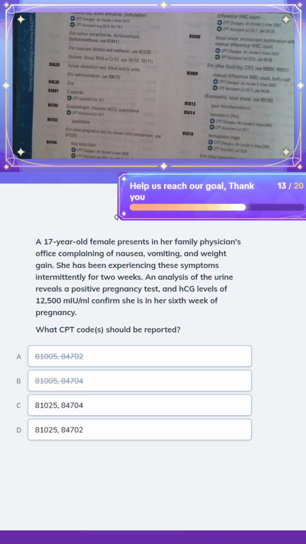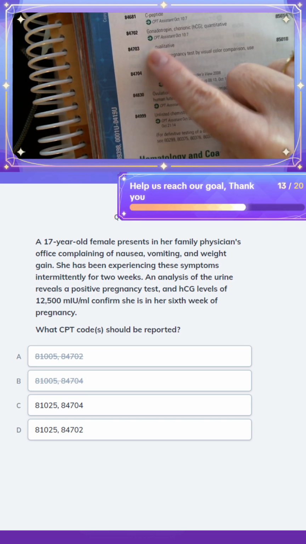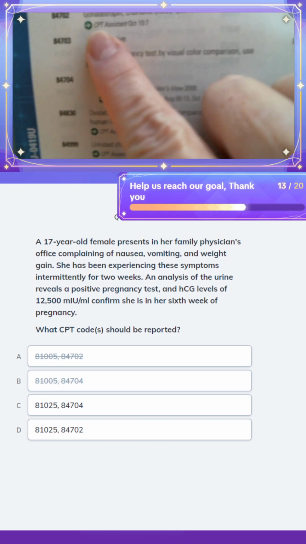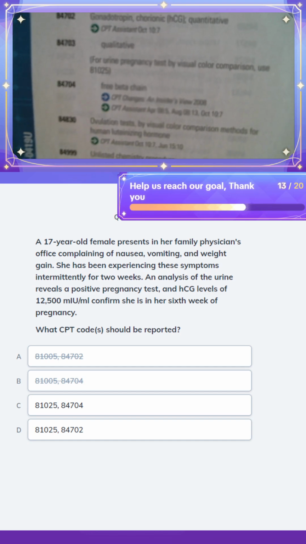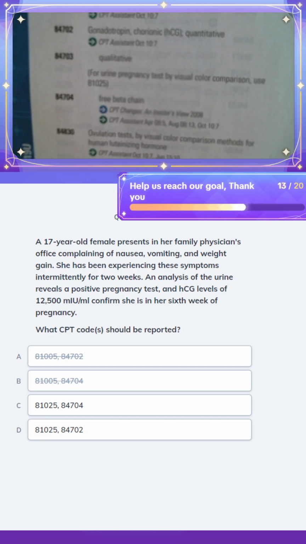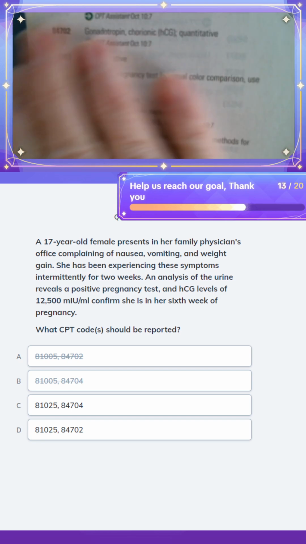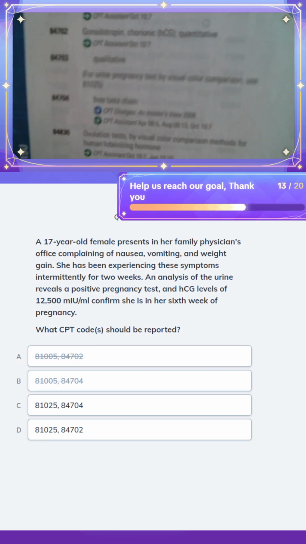I do have the 04 and the 02 right there for you. That one is the 02, this one is the 04.